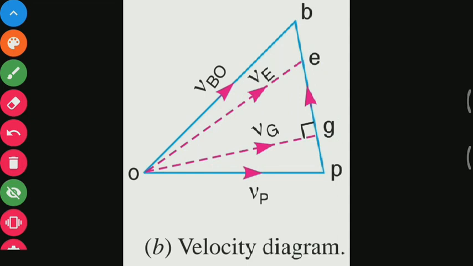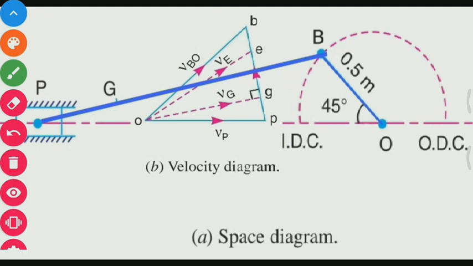Now we can arrange the velocity diagram on the space diagram also. In this way we can arrange the velocity diagram on the space diagram. This is the velocity diagram, for understanding purpose.